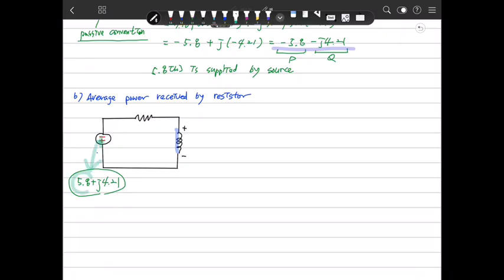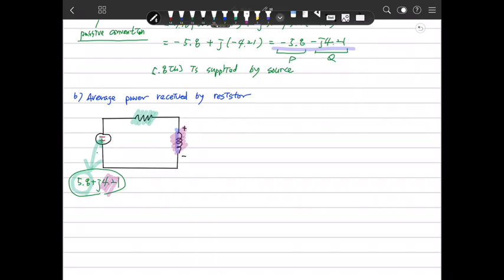This is the active power. That means the resistor will consume 5.8 watts, and the reactive component, the inductor, will consume 4.21 VAR.